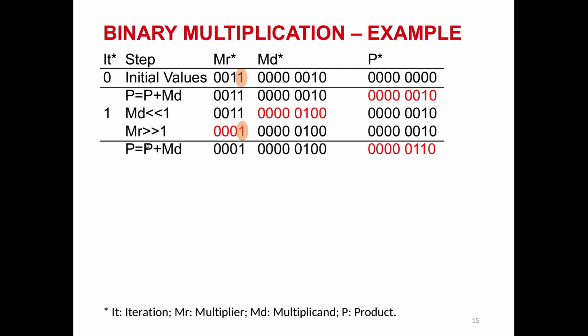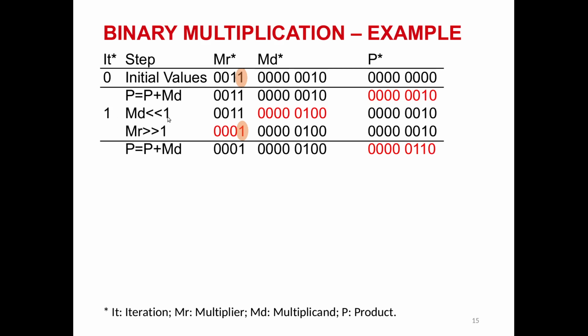Here we add them together, and the value of product will be changed from 0, 0, 1, 0 into, you can see here, adding 1 here together with this, it creates 1 here, so the new value will be 0, 1, 1, 0.